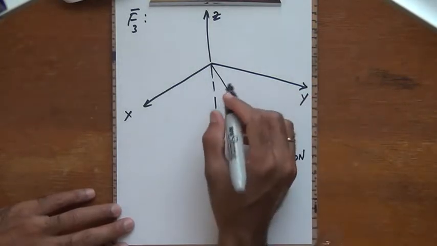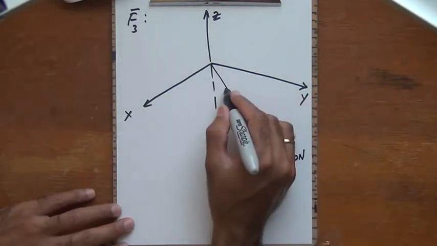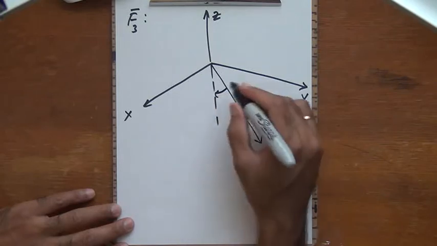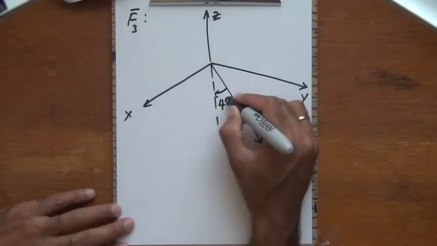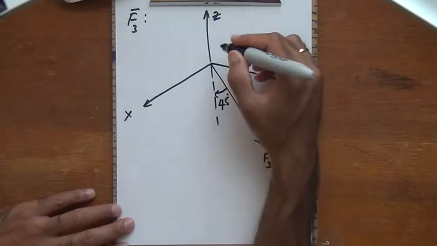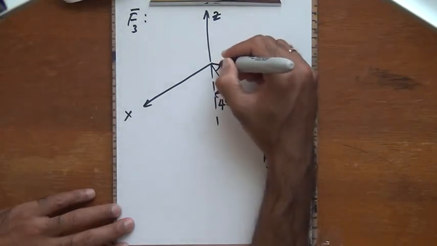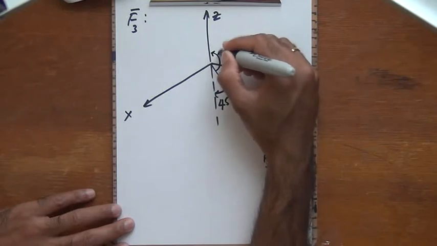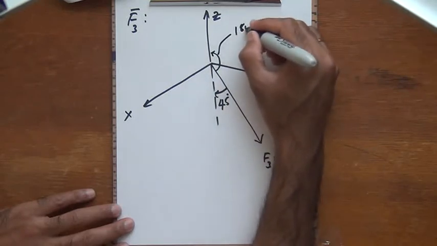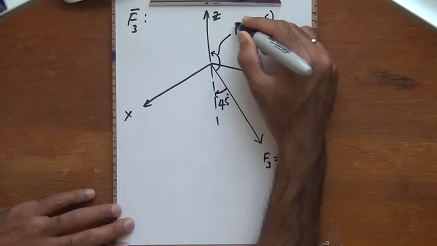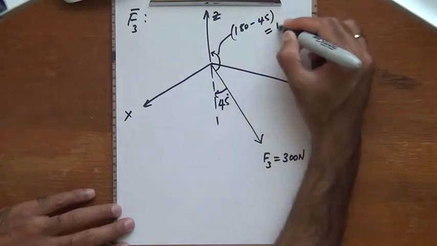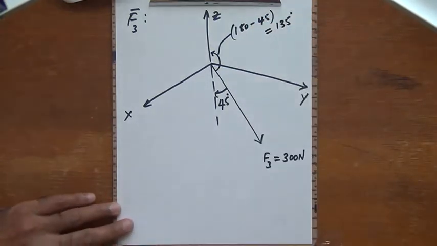One angle is the angle made with respect to the negative z direction, which is going to be 45 degrees, which means that the angle made by this force vector F3 with the positive z axis, as you can see, this angle here, this is going to be 180 minus 45, or this is equal to 135 degrees.